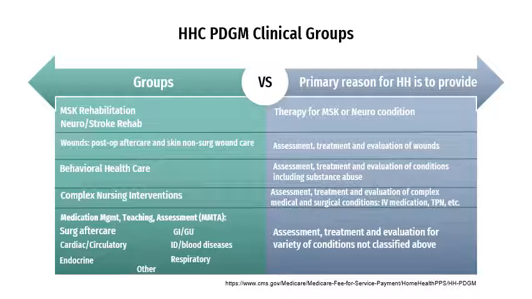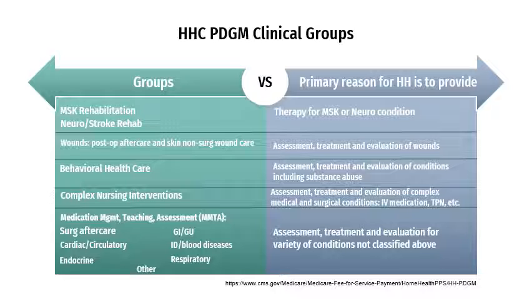And here I just have an illustration of the different PDGM clinical groups and the primary reason for home health care based on that grouping. And I did think it was interesting to note that the OASIS guideline manual does state that the clinician is expected to complete the patient's comprehensive assessment and understand the patient's overall medical condition and care needs before selecting and assigning the diagnoses.